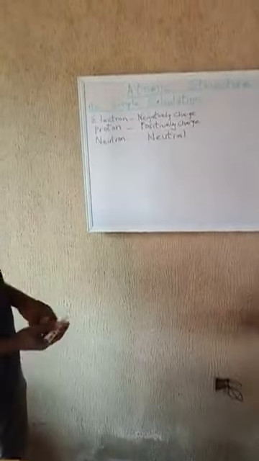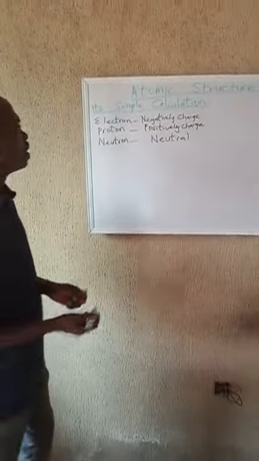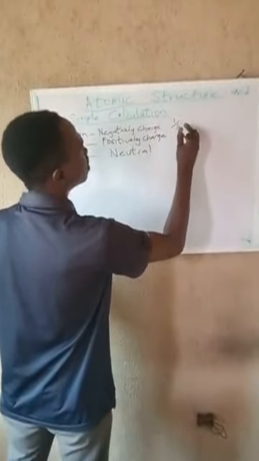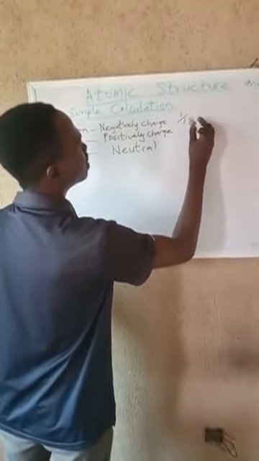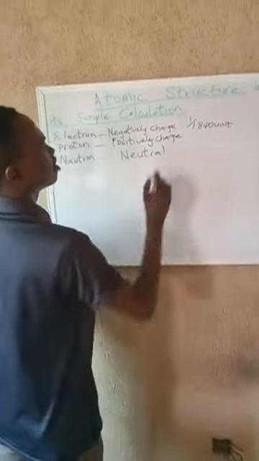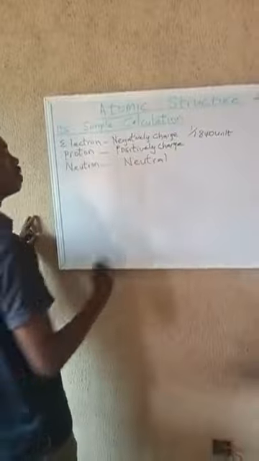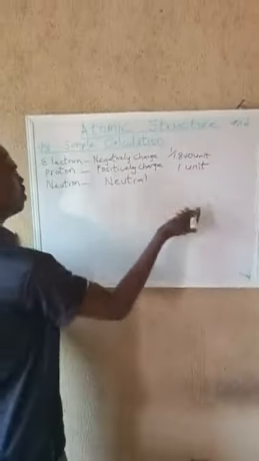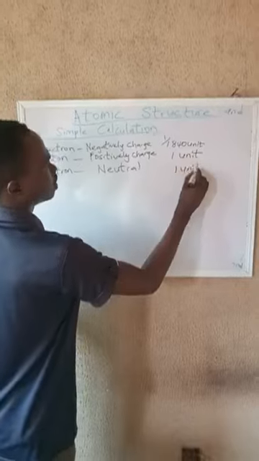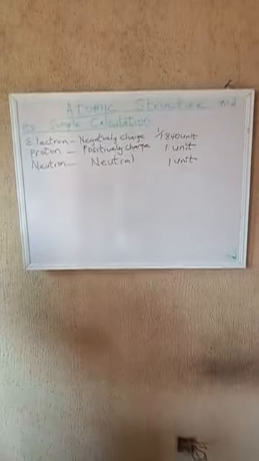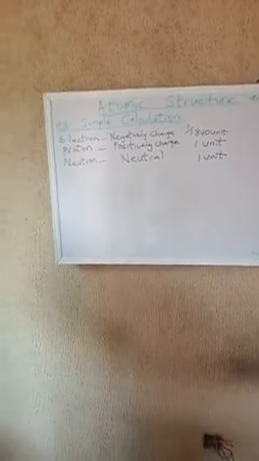And also, based on the carbon-12 isotope, the electron has 1/1,840 unit mass. That's their mass, based on the carbon-12 isotope. The proton has 1 unit. The neutron also has 1 unit. Since the electron, proton, and neutron are the fundamental particles of the atomic structure, where are they located inside the atom?